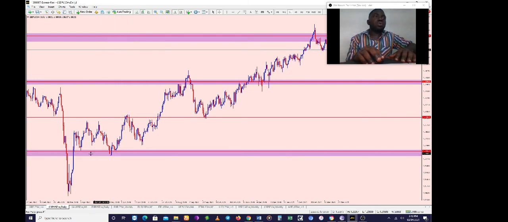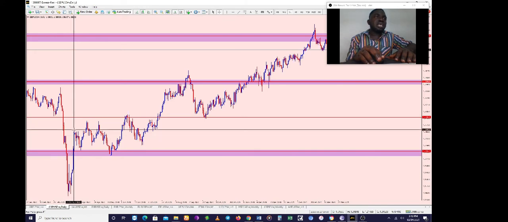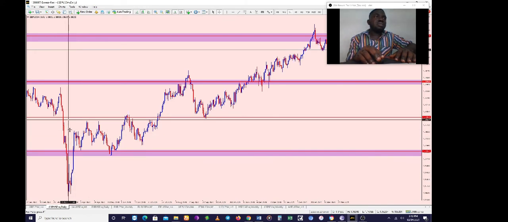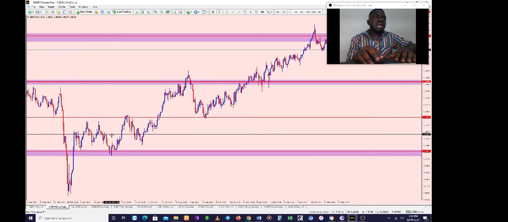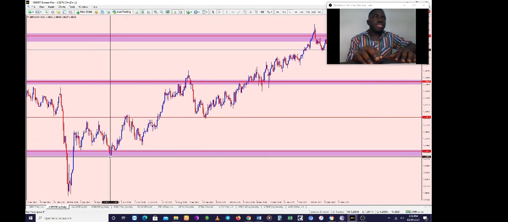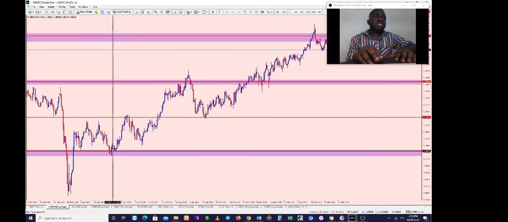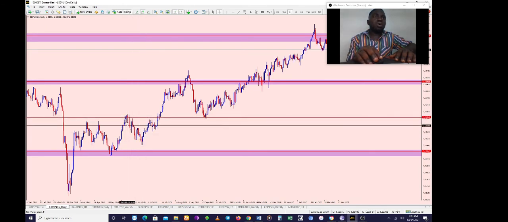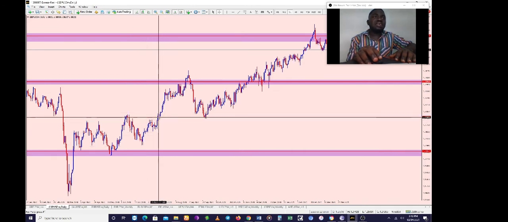This is a support. Price breaks this resistance and comes to test it as support. Now price surges all the way here, fails to break through this level, then dips back, makes a pullback, then finally breaks it here.